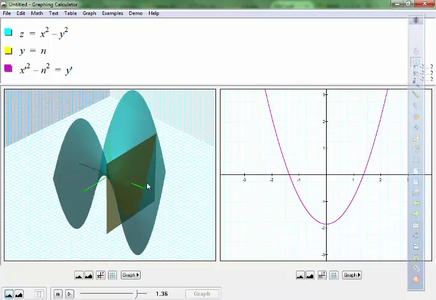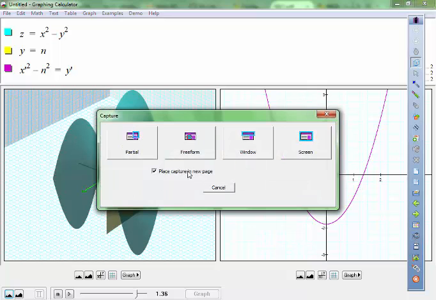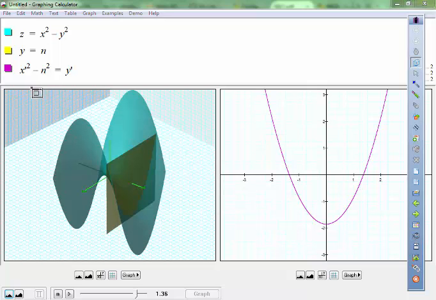So I don't know if it's hard to see, but the parabola pointing upward is this business over here. Okay? So that's your hyperbolic paraboloids.